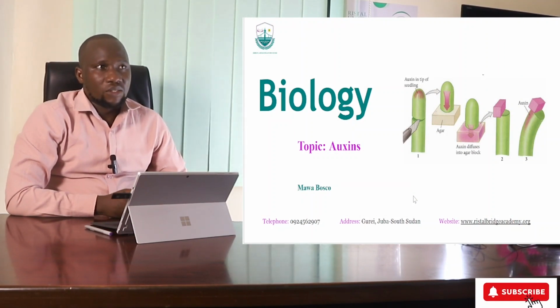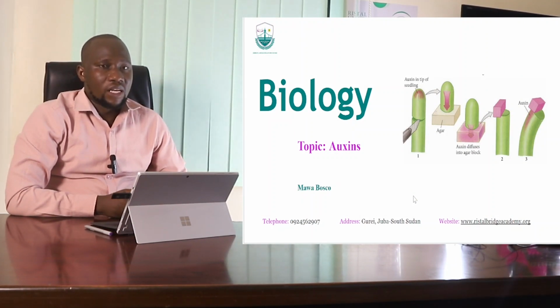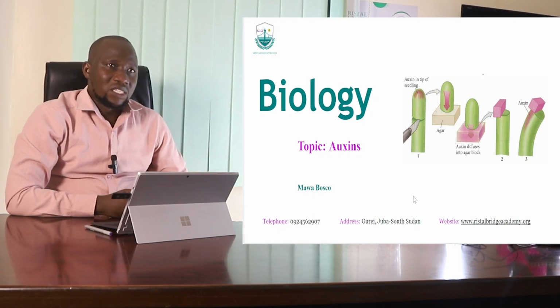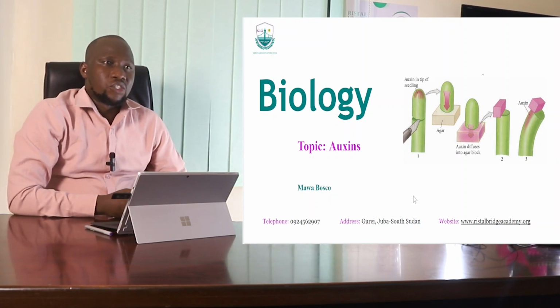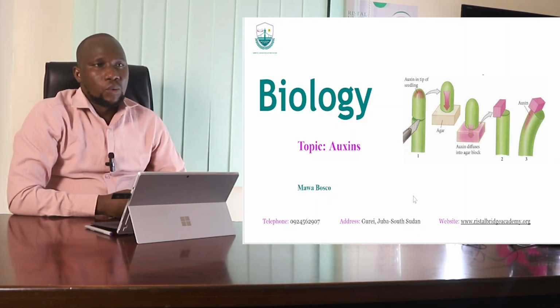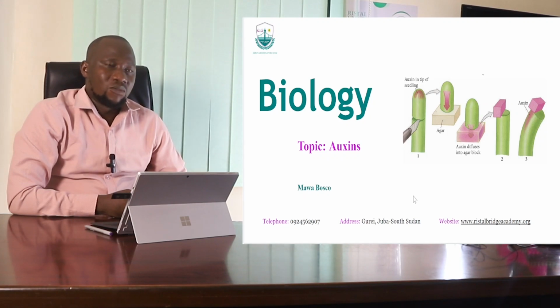So in this presentation, we'll be looking at what auxins are, where they are produced, and what their impact is on growth in the shoots and also in the roots. And how can we use them?